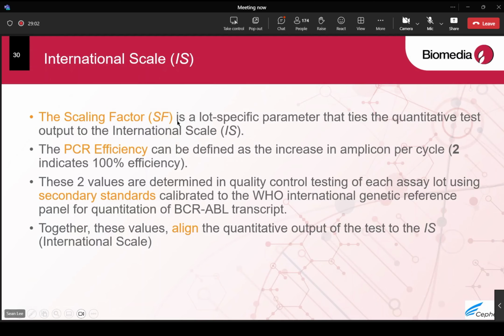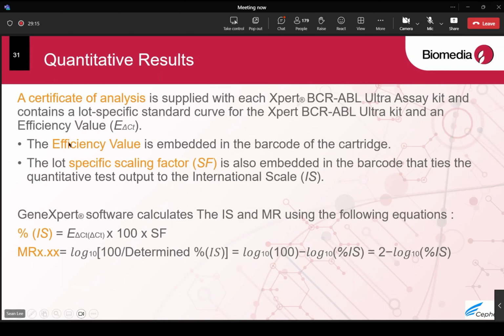So to solve this issue, Cepheid has done the calculation and put everything in software. It makes it easy for the user. They have these calculations: the percent IS using the efficiency values, times 100%, times the scaling factor. So this is how you calculate the percent IS and the molecular response.